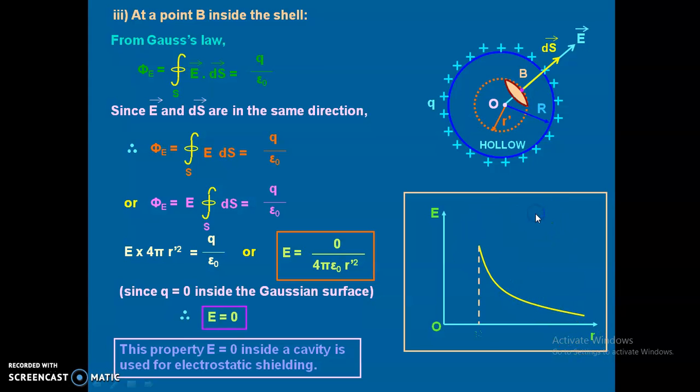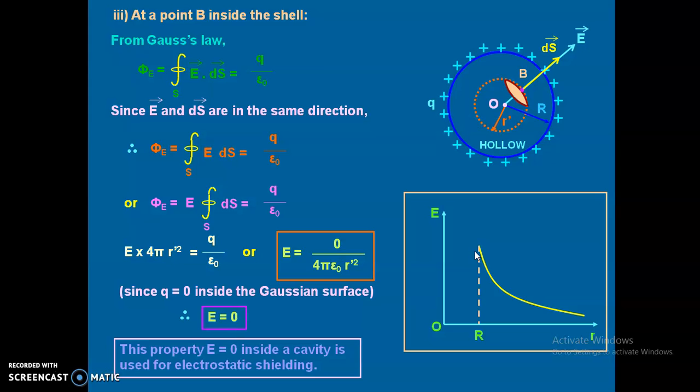Since it is inversely proportional to R, it is decreasing, and this particular distance is capital R, the radius of the spherical shell. Within the radius there is no electric field, so there is no graph variation in this region. So electric field inside the spherical shell is 0.